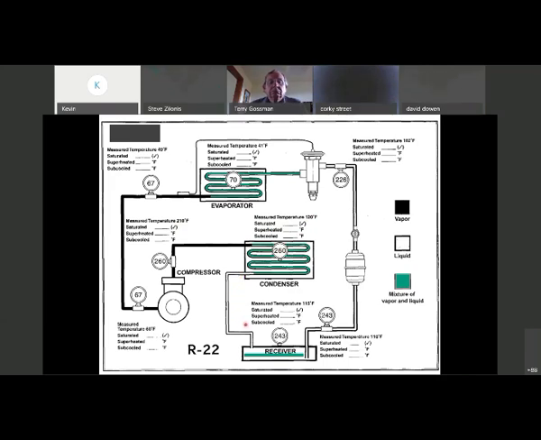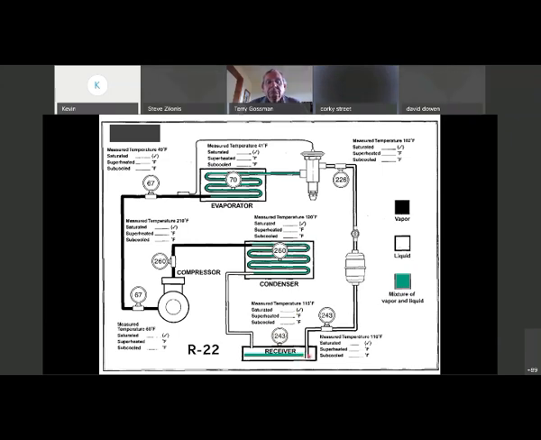Coming down to the receiver. Receiver's 243, so what's 243? That's about 115 degrees. And the measured temperature is 115 degrees. So that means that we've got saturation in the receiver. But that saturation is only on the top skin of that liquid that's in the receiver.